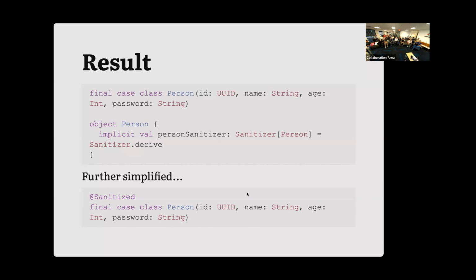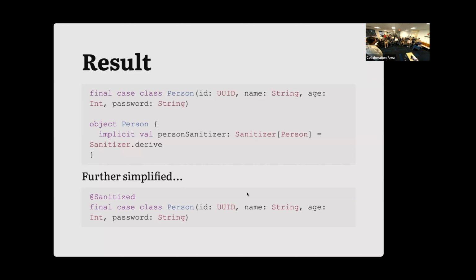How does it know? No, go ahead. I was just curious, how does it know what to do with the UUID when I say .derive? Right, as we said before, there were certain types that we defined default behavior for. This is going to be defined in the companion class of sanitizer, so any defaults we define there will be picked up automatically.